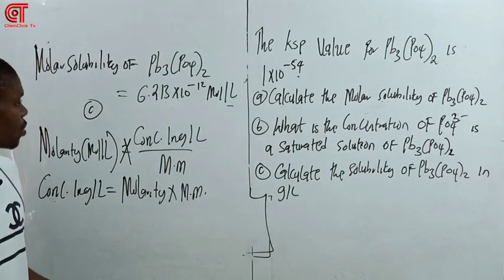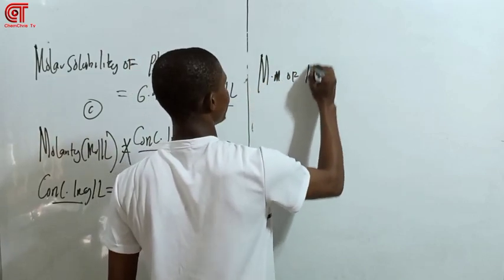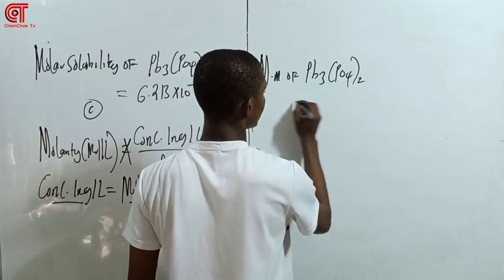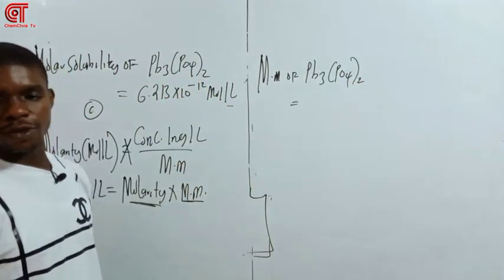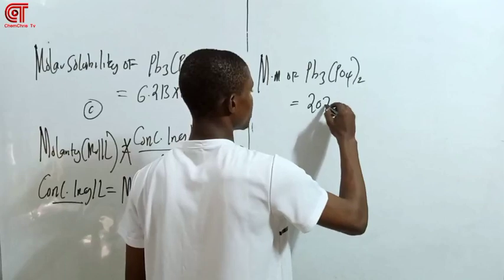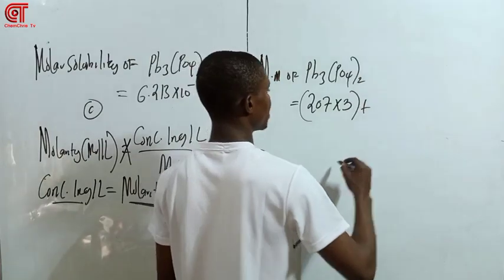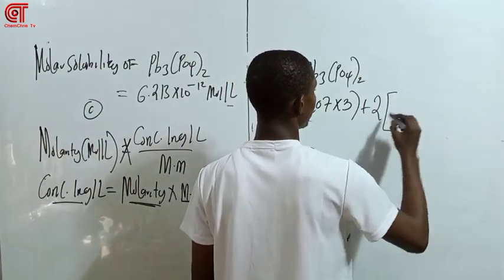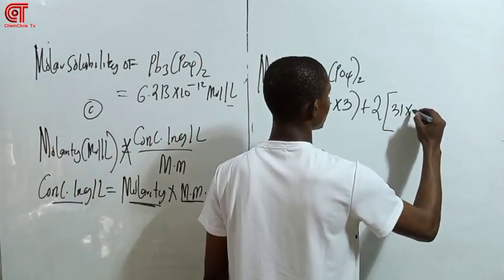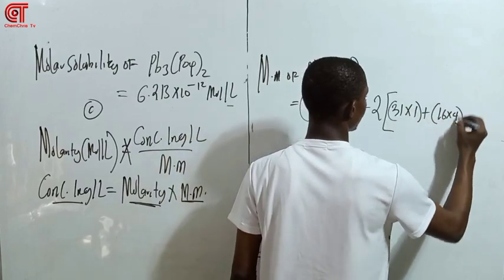So what we want to do now is to calculate the molar mass of Pb3(PO4)2. The atomic mass of Pb is what? 207. Is it 207? Yeah. So it's going to be 207 times 3 plus, remember, this 2 is affecting here, 2 times P, which is 31 times 1 plus 16 times 4.